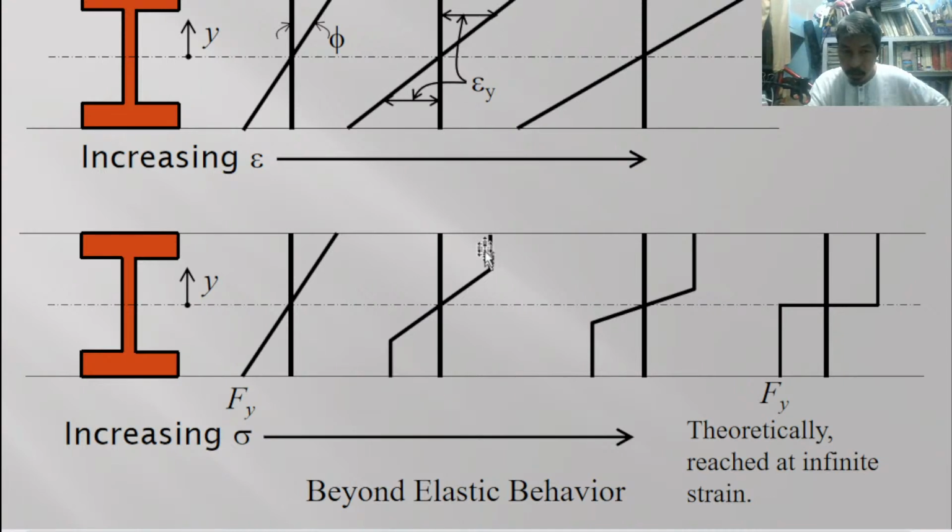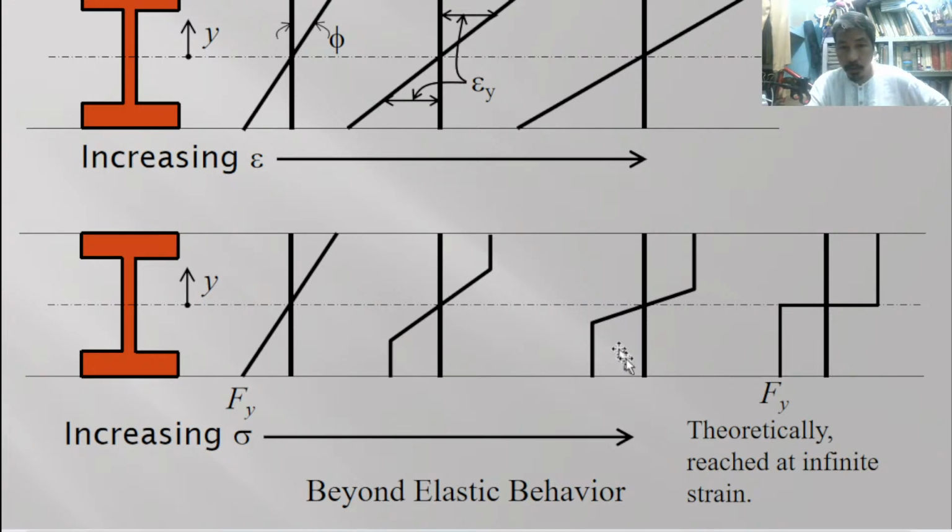As you can see, some of the components will experience the maximum stress, which is FY already, and we cannot have more than FY. So that's why it is now truncated. The straight line representation of the relationship is now truncated to the amount equal to FY.